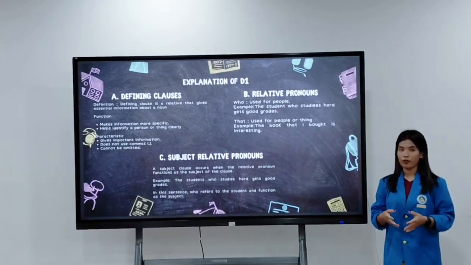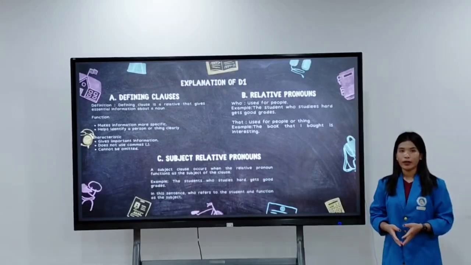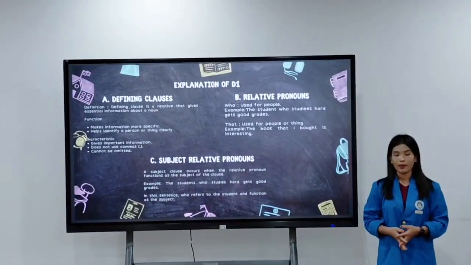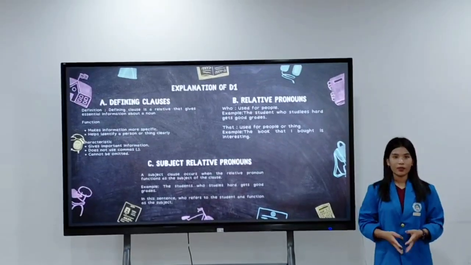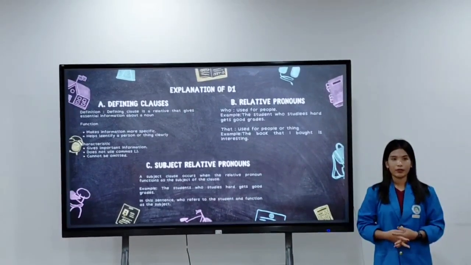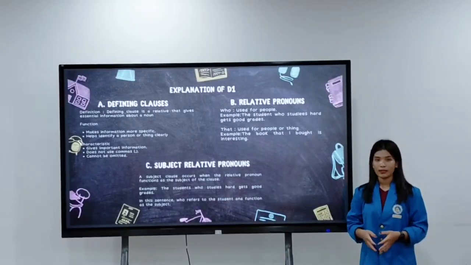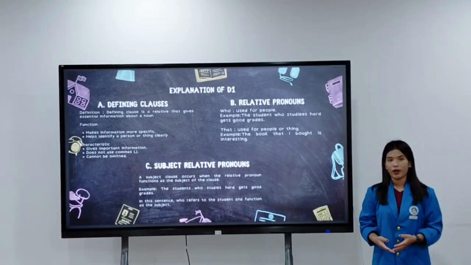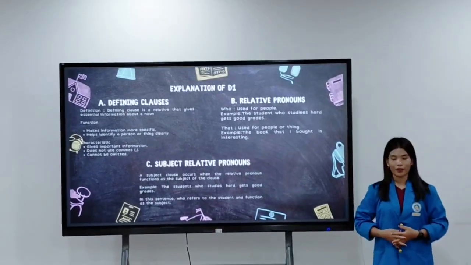If we break this down, the word who refers directly to the student. Inside that specific clause, who acts as the subject doing the action, which is studying hard, because it takes the place of the subject. We call it a subject relative pronoun.